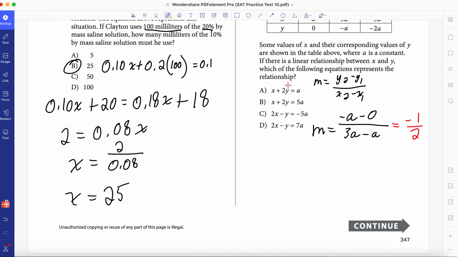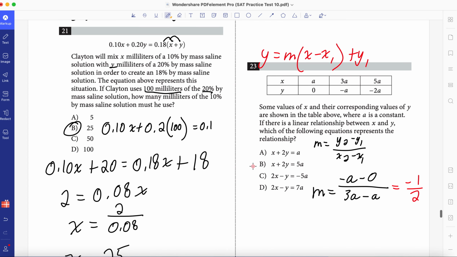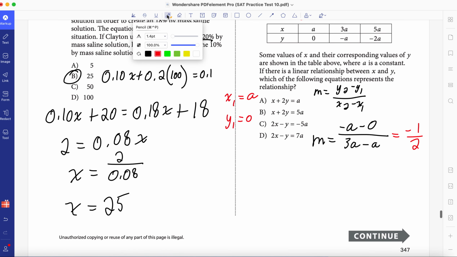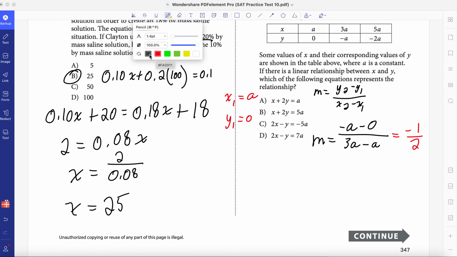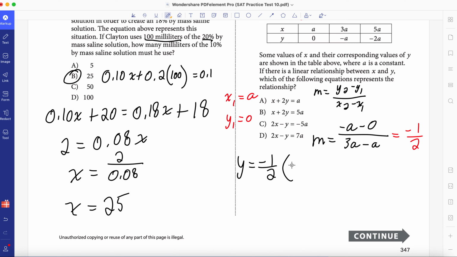So let's let x1 equal a, and let's let y1 equal 0. And now let's just plug our equation together. So this is going to get us y is going to equal negative 1/2 of x minus a plus 0.